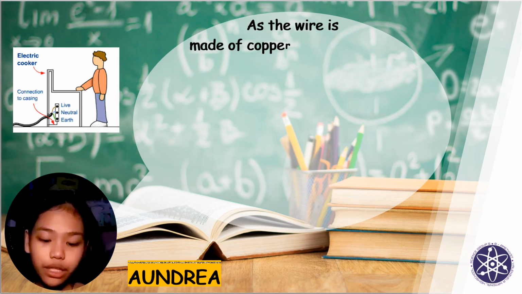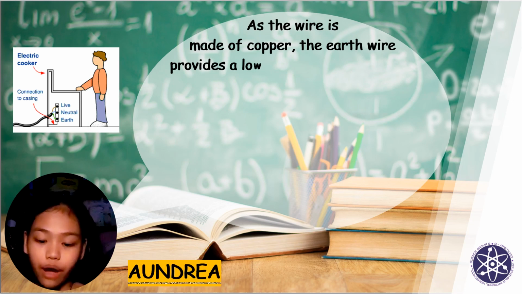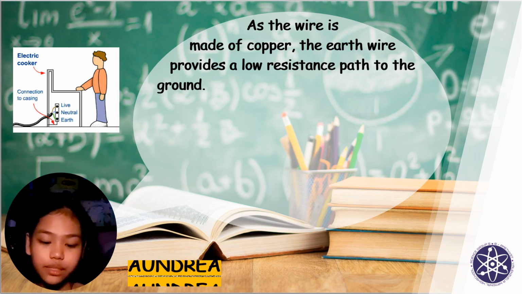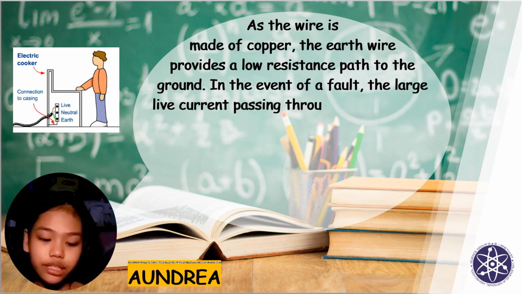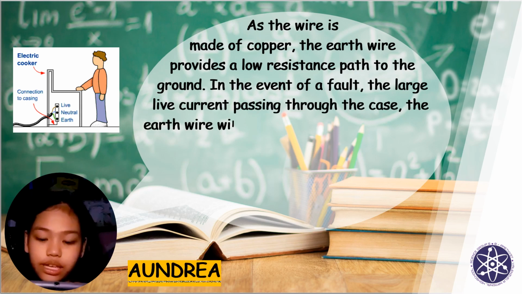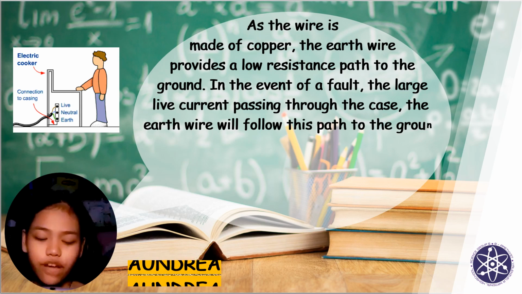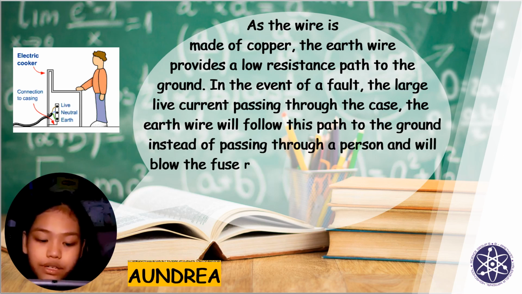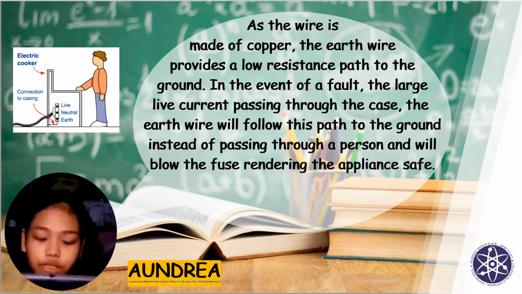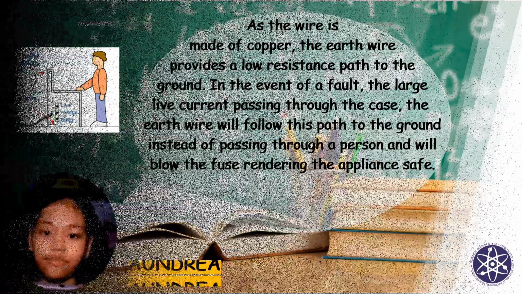As the wire is made of copper, the earth wire provides a low resistance path to the ground. In the event of a fault, the large live current passing through the case and the earth wire will follow this path to the ground instead of passing through a person and will blow the fuse, rendering the appliance safe.